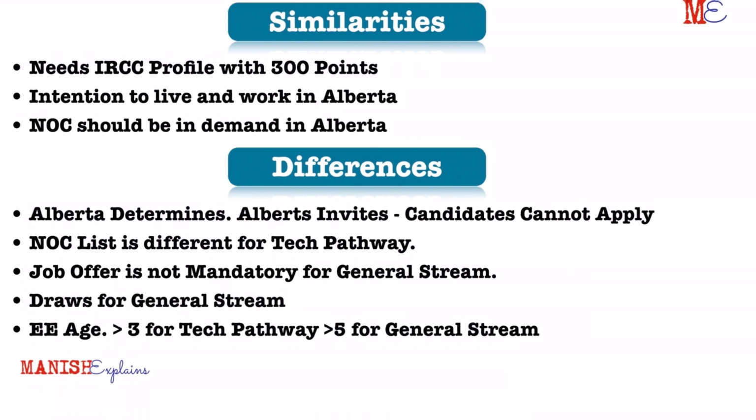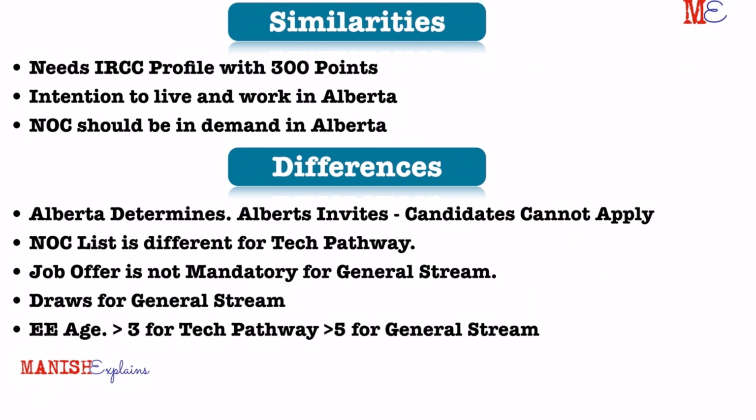They send out the NOIs. Say, for example, they send out 300 NOIs in a month. Then those 300 people reply. Then based on their response and their documentation, the nominations are issued. So not all NOIs will be converted to nominations.